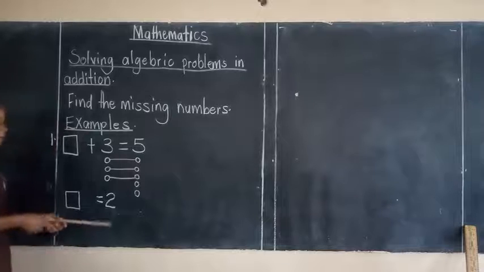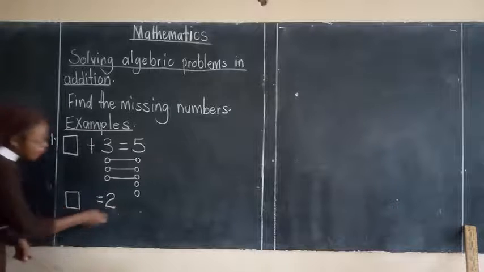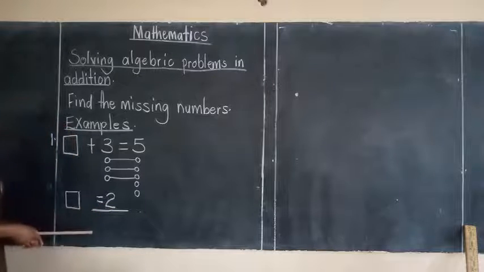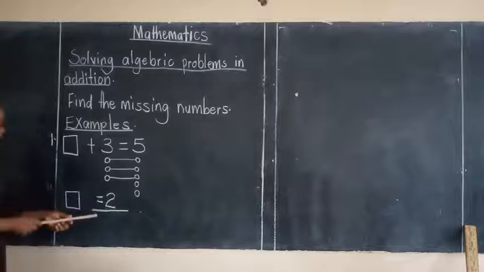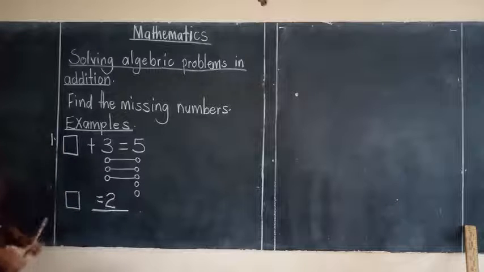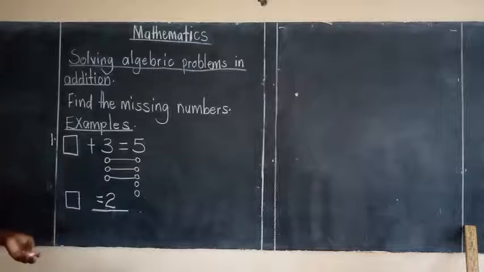And then, after writing 2 here as our answer, we underline. But we do not end here. We come back up here and we fill in the missing number. Remember that the question is telling us to find the missing numbers.